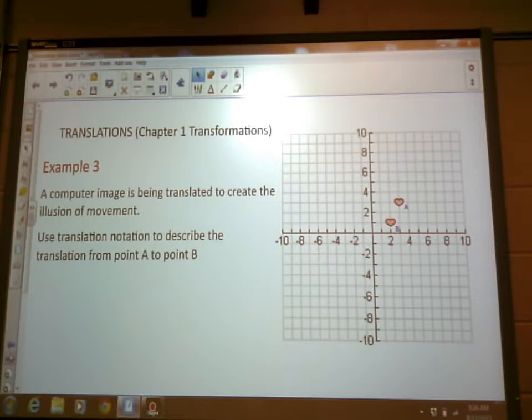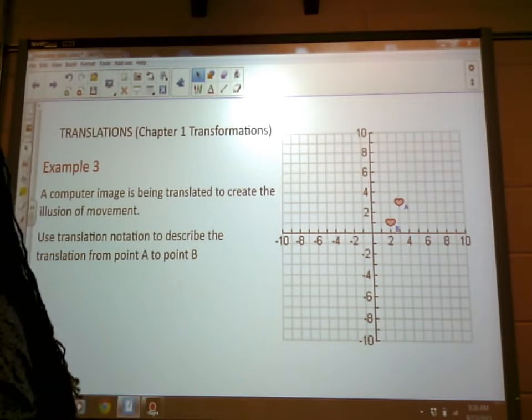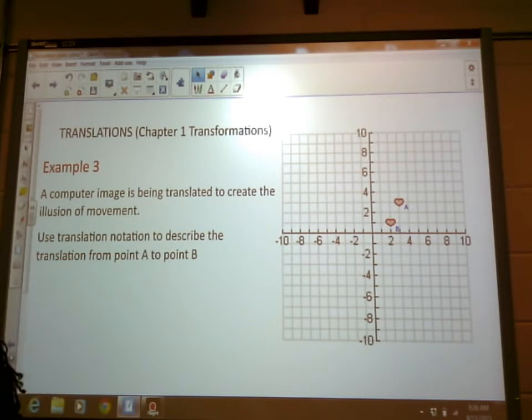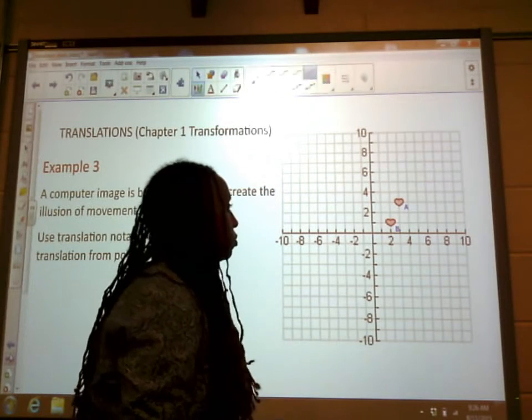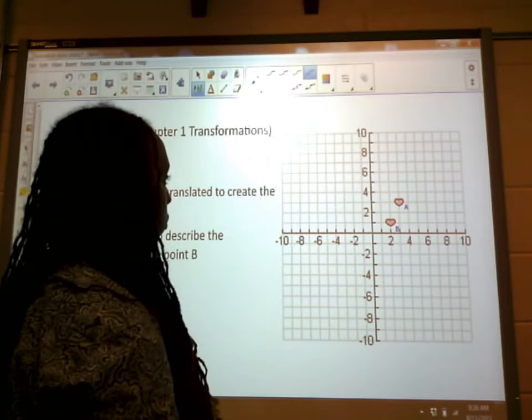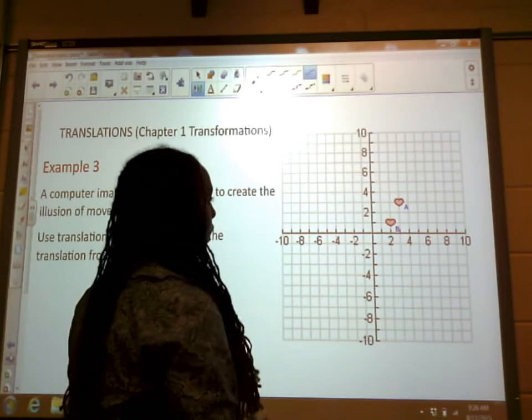All right, and then our final example, example 3, it says a computer image is being translated to create the illusion of movement. Use the translation notation to describe the translation from point A to point B. All right, so the first thing you need to do is write your ordered pairs for point A. Or you don't even really have to do that.